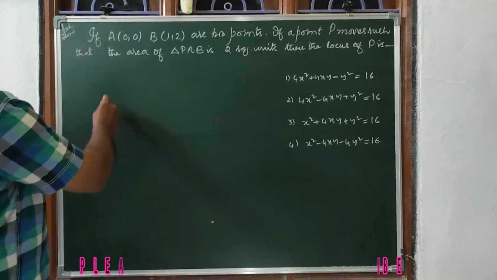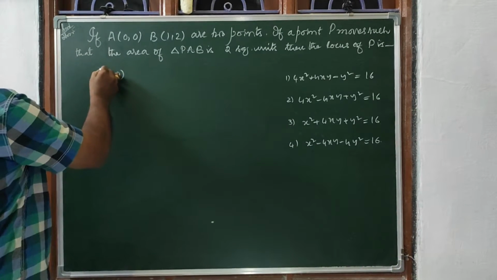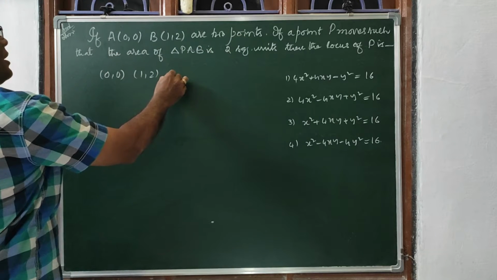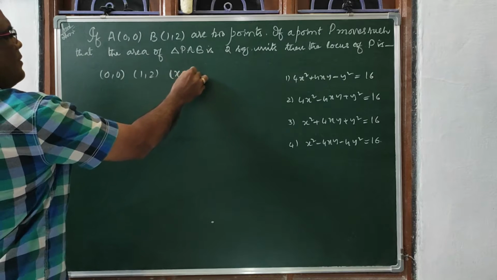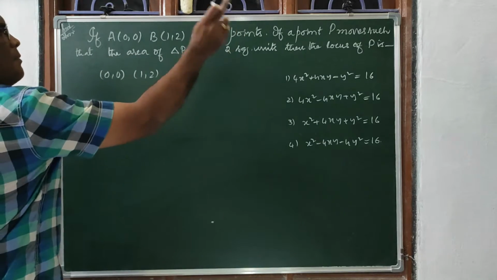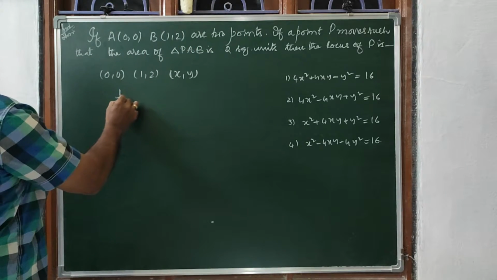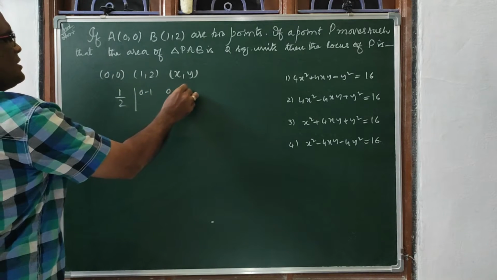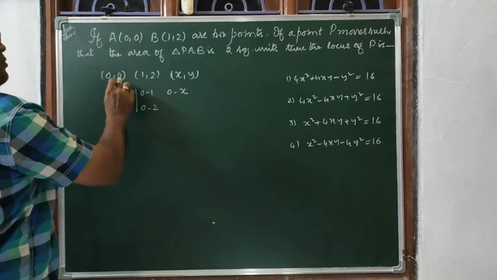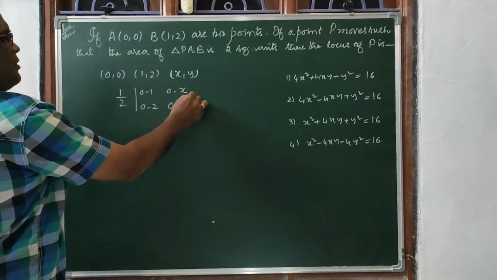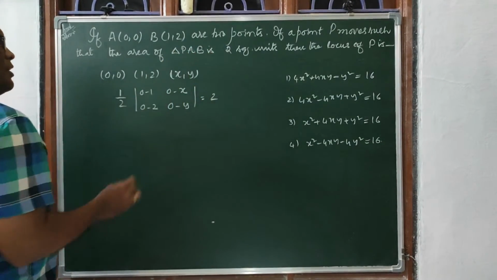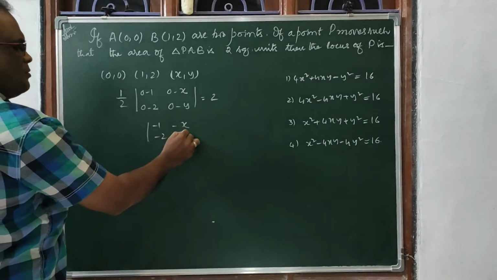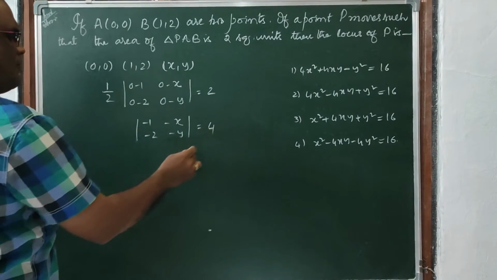If A is (0, 0), B is (1, 2) and P moves at the point (x, y), the area of triangle PAB is 2 square units. The area is half modulus of the determinant with x1 minus x2, x1 minus x3, y1 minus y2, y1 minus y3, equal to 2 square units. Simplifying, minus 1 into minus x, minus 2 into minus y is equal to 4.